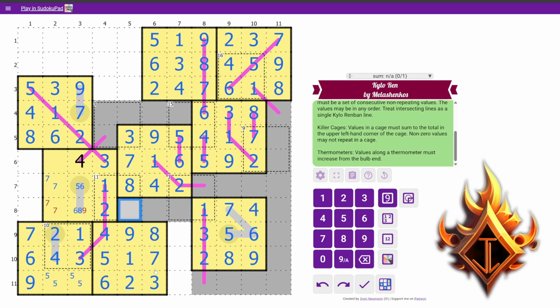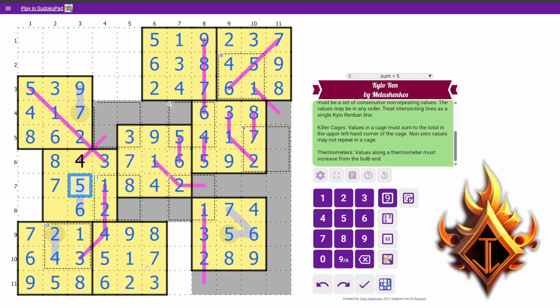Thermometer works correctly. That is good. This is a 7. And this will have one digit left, which is 8. And this 8 will need to be down here. So that is 5. This makes that a 6, 5.